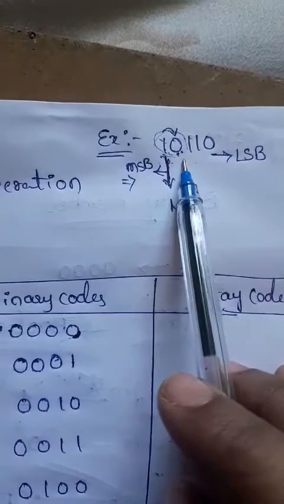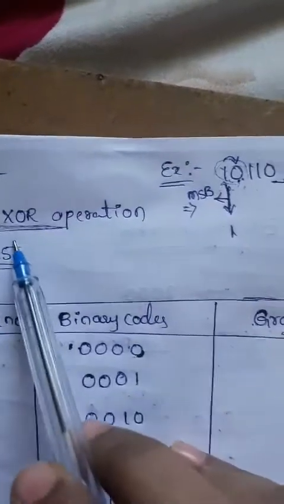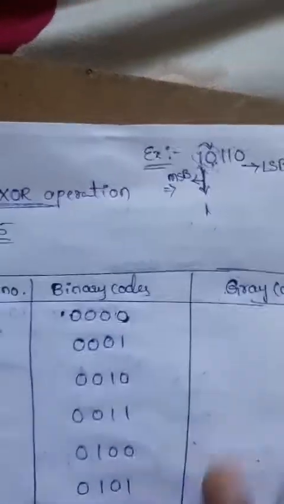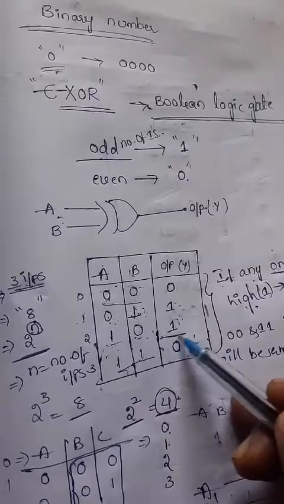So 1 0 under XOR, what is that? The result is 1.